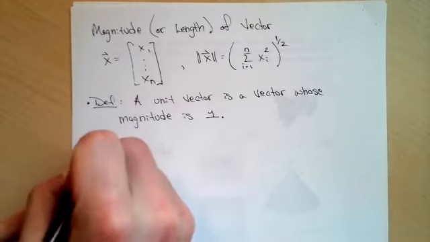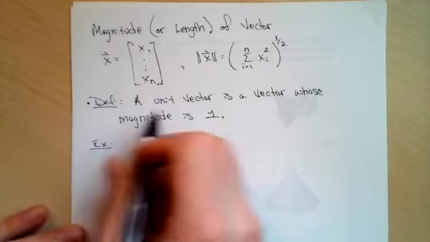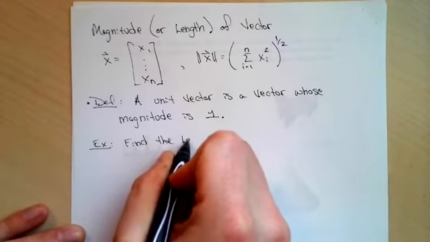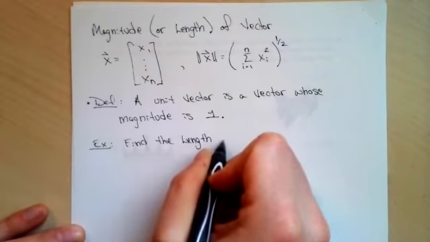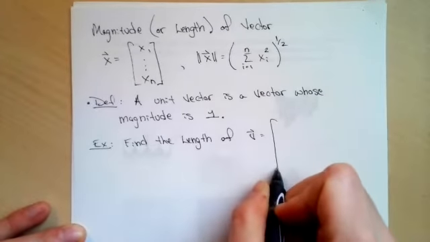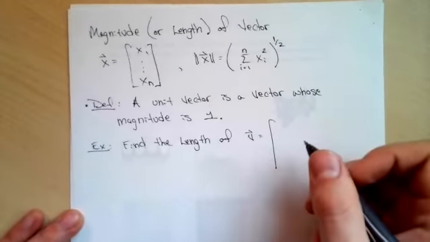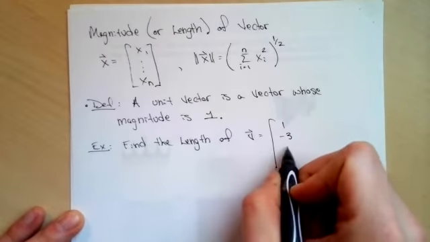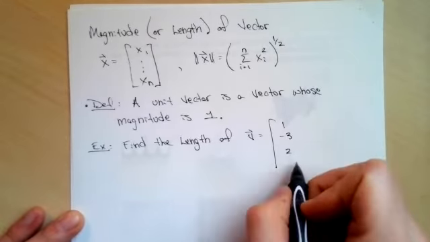So some examples. Find the length of the vector v. Let's do 1, -3, 2, and 1.